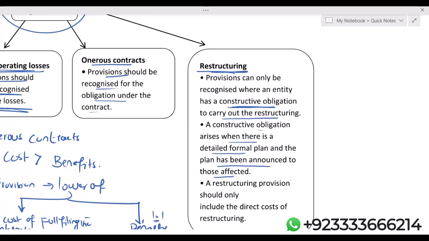For example, your company is running 5 different businesses. Now your company is thinking to launch a new business. So obviously there will then be 6 businesses. That is also a restructuring: earlier we were having 5 businesses, now there will be 6. But that's a positive restructuring. There's no provision for that.